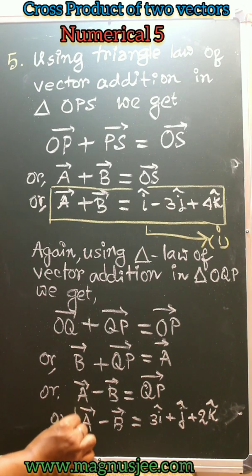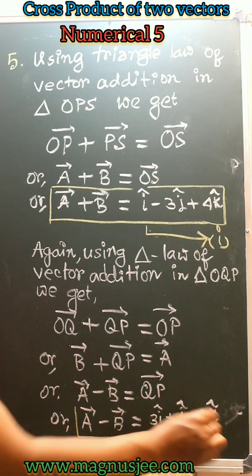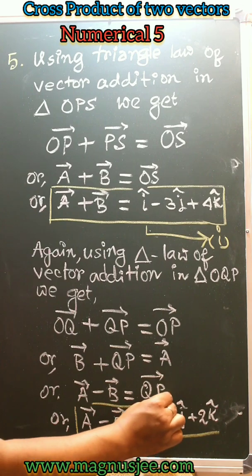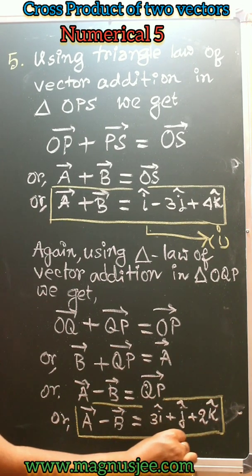Equation 2. Vector A minus vector B is equal to 3i cap plus j cap plus 2k cap.